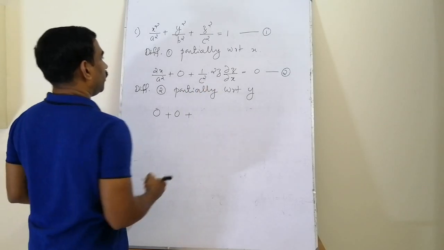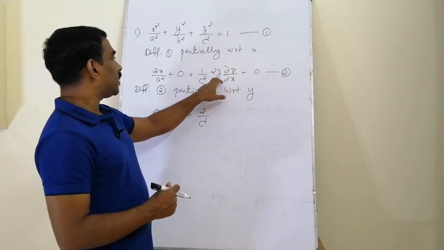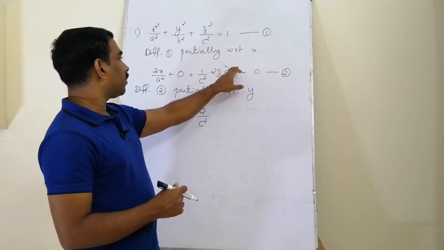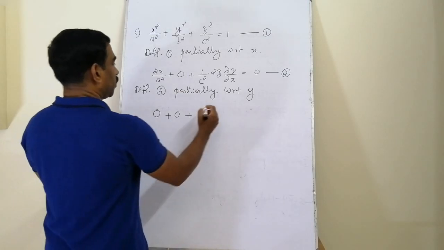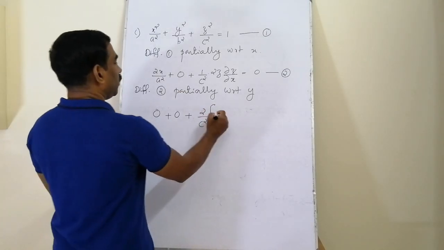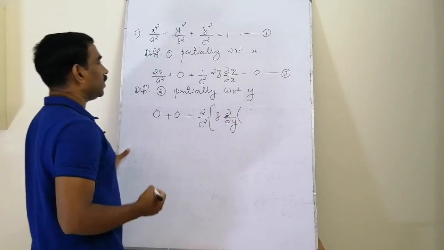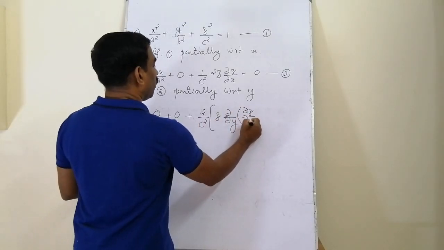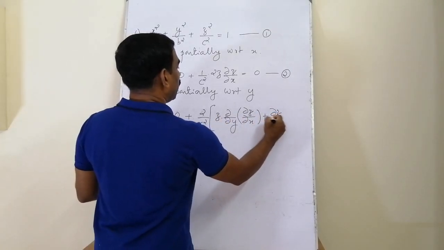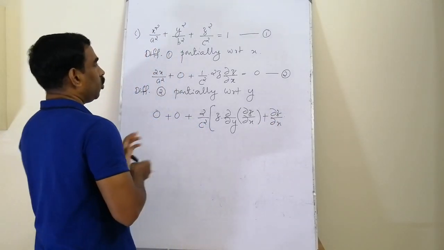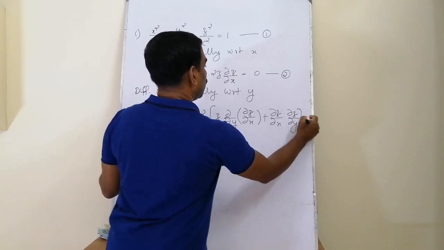The third term, 2 by c square, is a constant, times a product, where z is a function of x and y, and ∂z/∂x is also a function of x and y. Applying the product rule: first function z into the derivative of the second with respect to y, which is ∂/∂y of ∂z/∂x, plus the second function ∂z/∂x into the derivative of the first with respect to y, which is ∂z/∂y, and the right hand side will be 0.